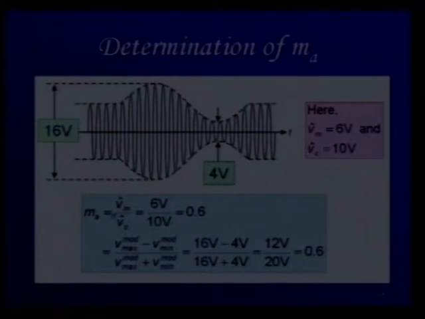Then we get Vm cap upon Vc cap equal to 0.6, 6 upon 10, and the same can be arrived at by our formula that we defined just now, that is V mod max minus V mod min upon V mod max plus V mod min, 16 minus 4 upon 16 plus 4, which is again 0.6. So this is the way you can calculate the value of modulation index, and you can also determine how you are going to tune your circuit to a particular modulation index value.